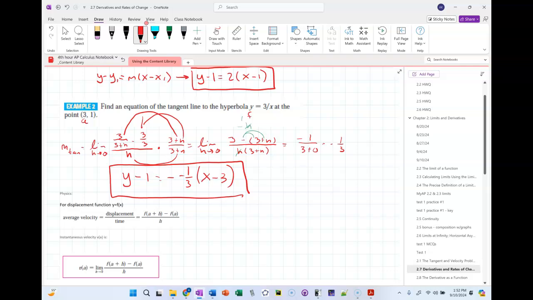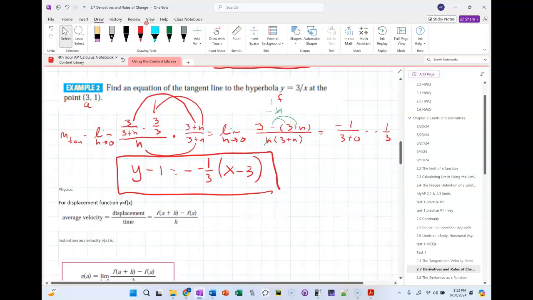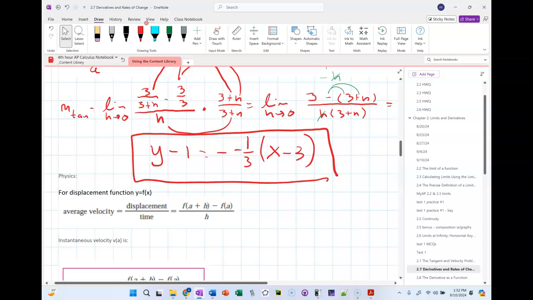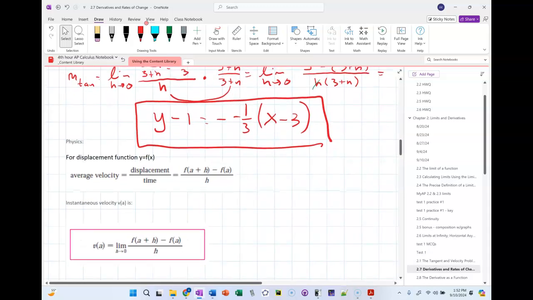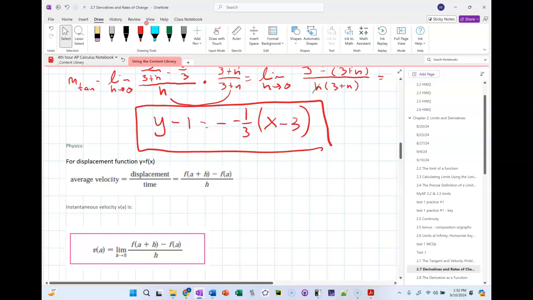So some vocab. If we talk about average velocity, that's just slope. Instantaneous velocity is the slope of the tangent line, right? Average is a secant line. Instantaneous is tangent line, aka average velocity slope, instantaneous whatever, derivative.